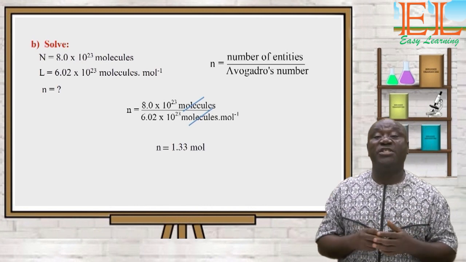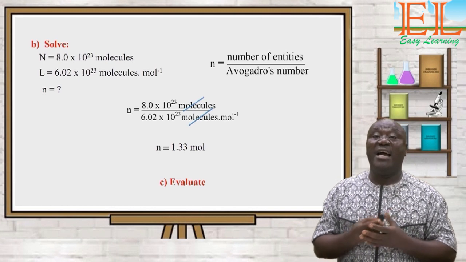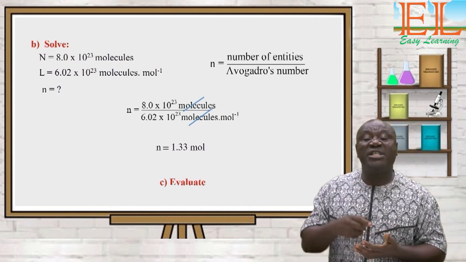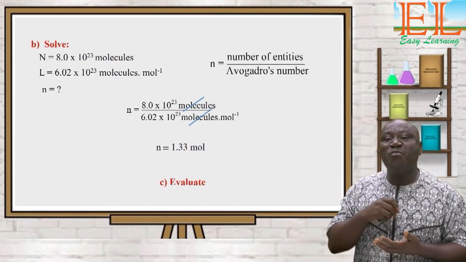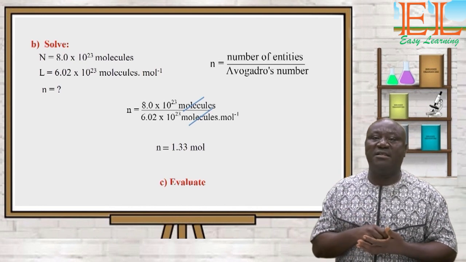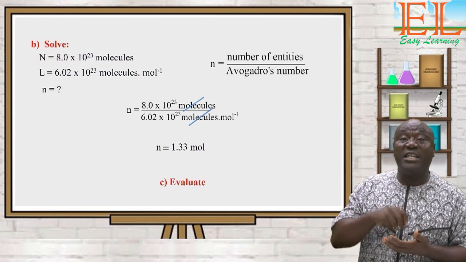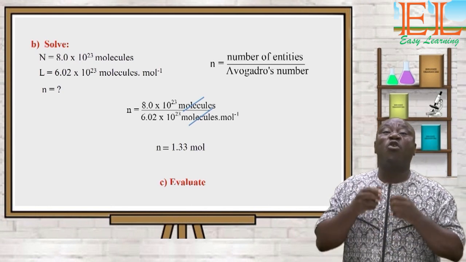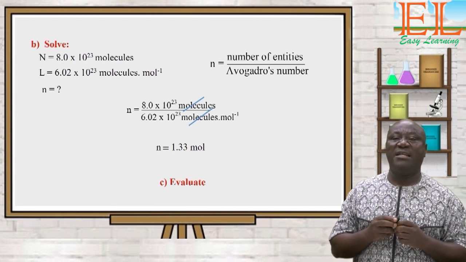The last stage is to evaluate your work. And how do we evaluate your answer? We evaluate our answer by checking to see whether you have not omitted the unit of measurement. We evaluate our answer by checking to see whether you have given the correct unit to the answer.